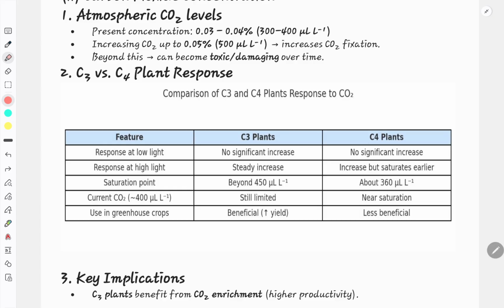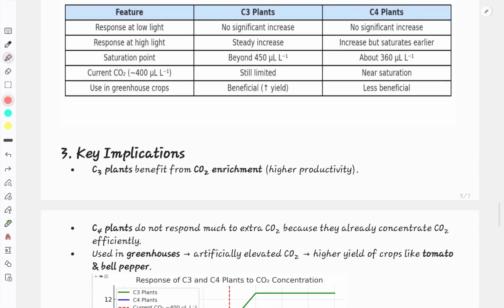But the C4 plant is already near saturation. Greenhouse crops are beneficial for C3 plants; for C4 plants, because they already store CO2, there is no need for greenhouse development.